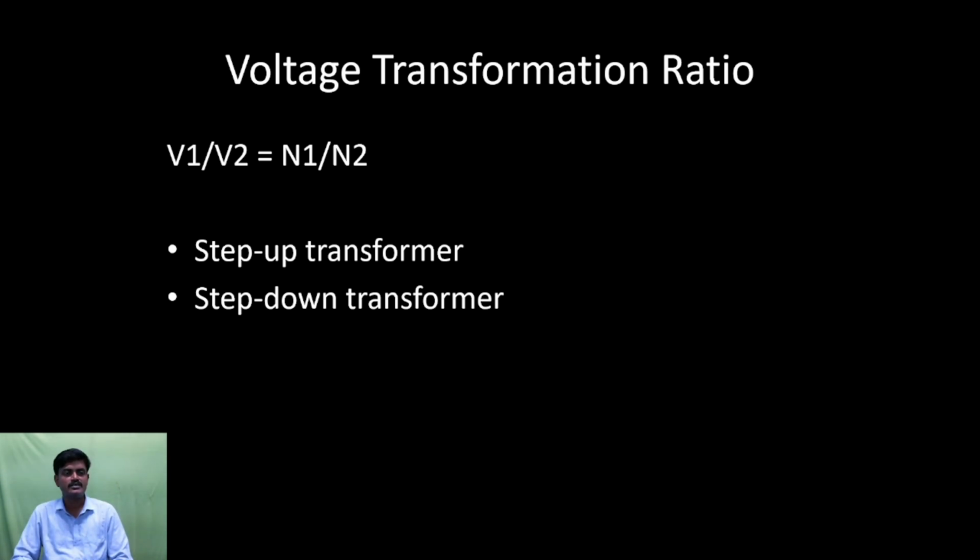That is the voltage transformation ratio: at which level I have to increase or decrease the voltage value. In formula terms, I can write V1 by V2 equals N1 by N2. And earlier I said that we have the step up transformer and the step down transformer.